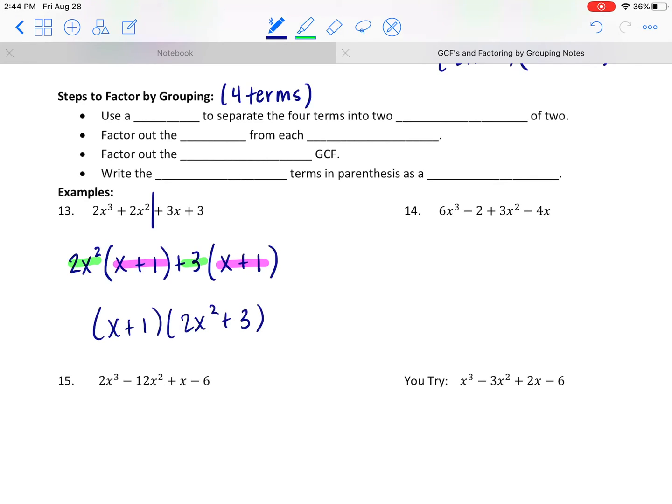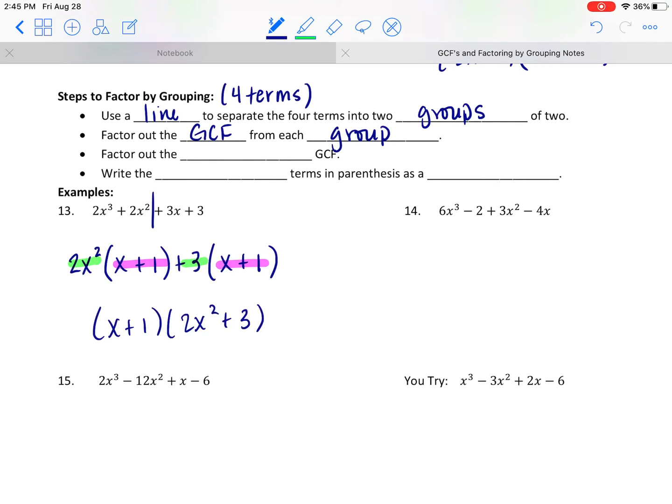So I use a line to separate the 4 terms into 2 groups of 2. Now I don't know if that's a mathematically correct thing to do. You don't have to put anything there at all. It just makes it a little more visual for me. It's just to say, okay, let's look at the first 2 separate from the last 2. And we're going to factor out the GCF from each group.